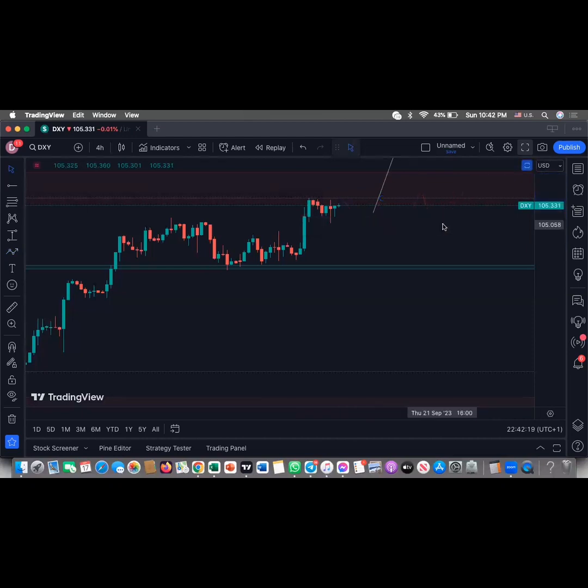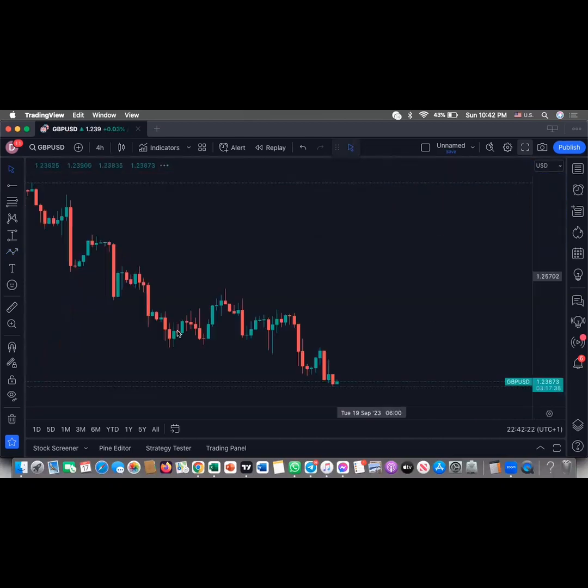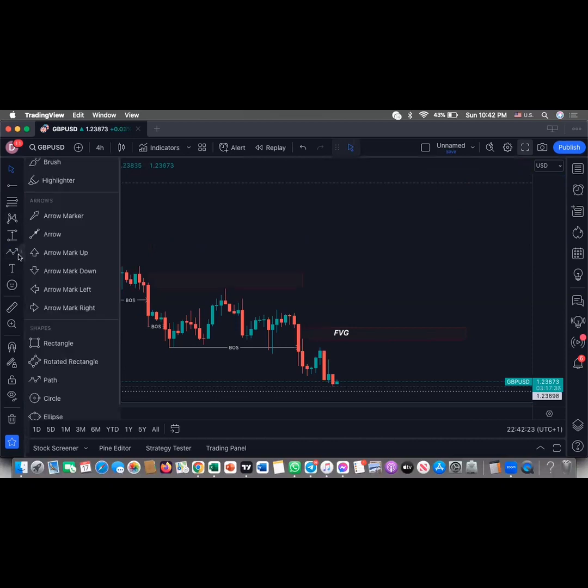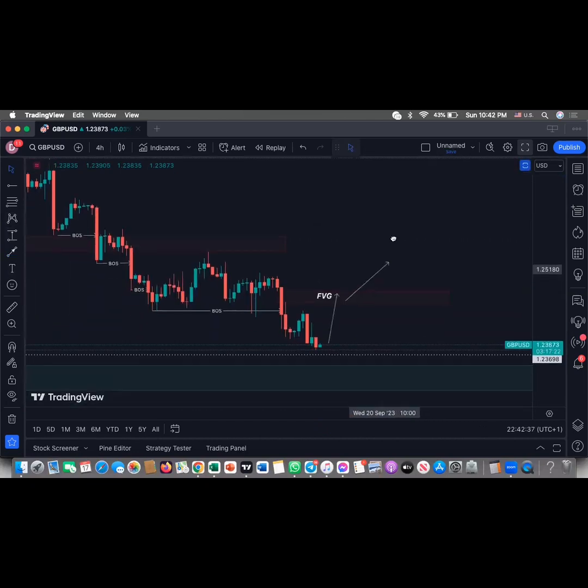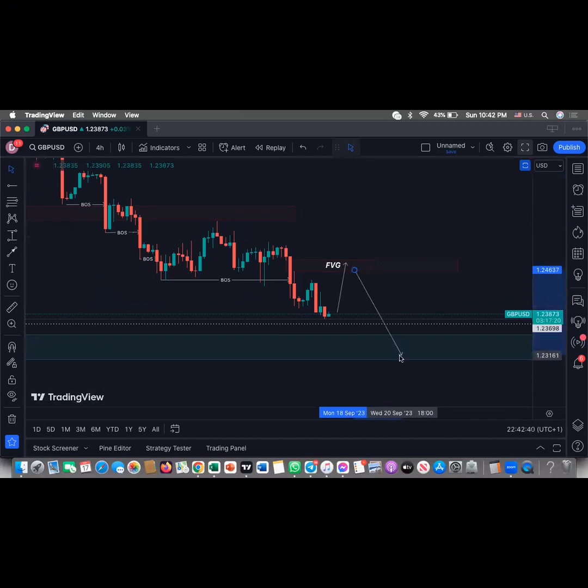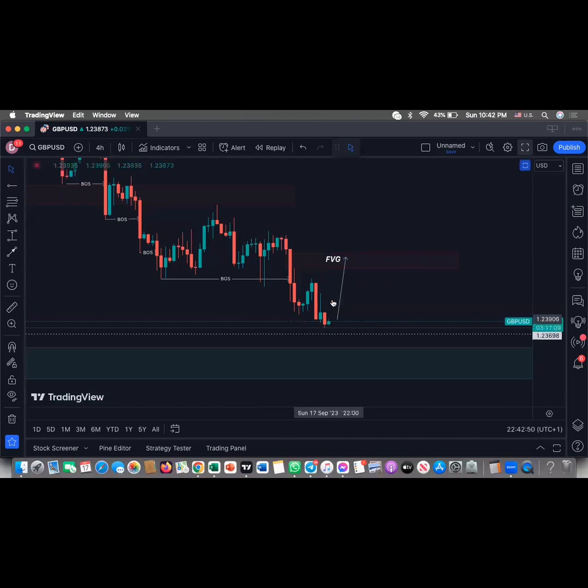So that alone might give Gbpusd the chance to come all the way up to fill this fair value gap here before we see a move to the downside to take out this low created and hit the target, which is the completion of the head and shoulder pattern at 1.230.